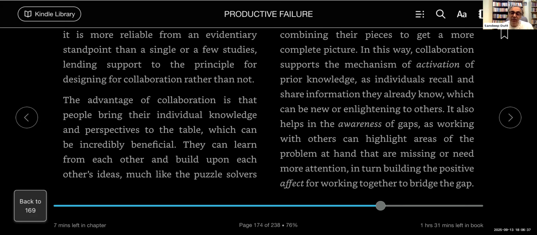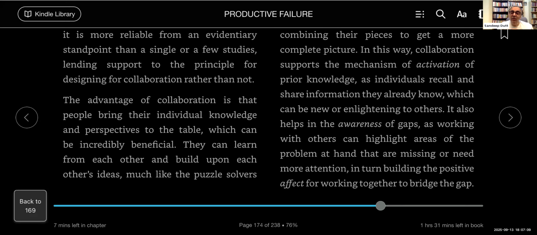an overall set pieces to get a more complete picture. In this way, collaboration supports the mechanism of activation of prior knowledge, as individuals recall and share information they already know, which can be new or enlightening. It also helps us in the awareness of gaps, as working with others can highlight areas of the problem at hand that are missing or need more attention.